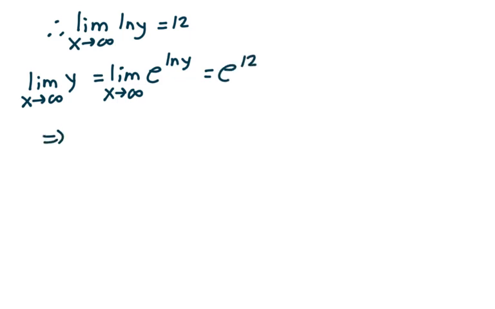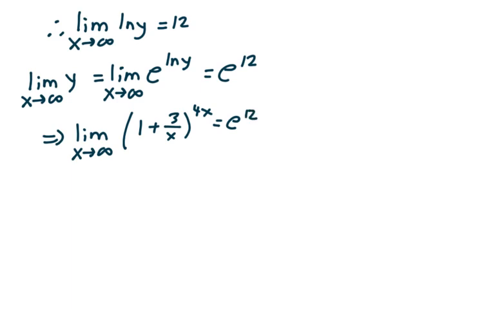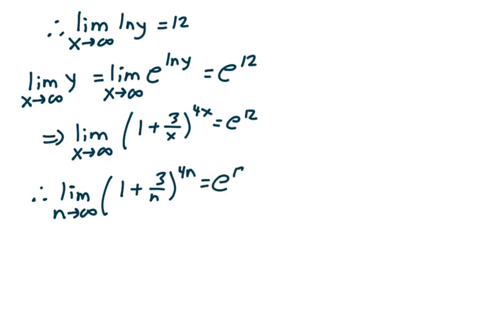And so that implies the limit as x goes to infinity of (1 plus 3 over x) to the 4x is e to the 12th. And therefore, the limit as n goes to infinity of (1 plus 3 over n) to the 4n is e to the 12th.